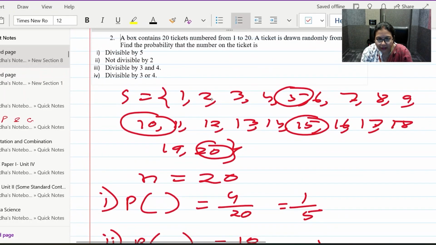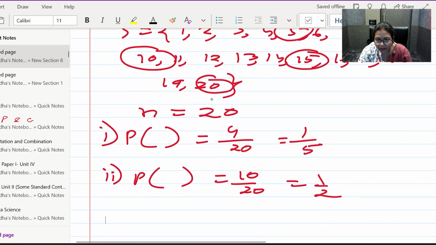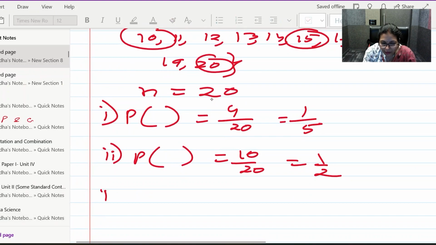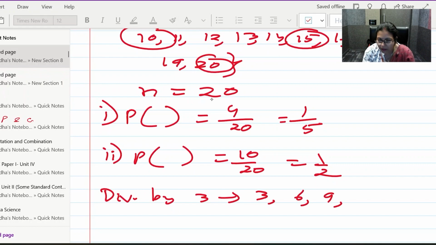Okay. Now come to the third one. The third question is divisible by 3 and 4. So let me write which are the numbers divisible by 3. Then I will write divisible by 4. So divisible by 3: 3, 6, 9, 12, 15 and 18.